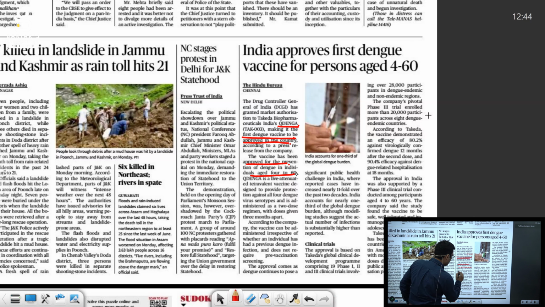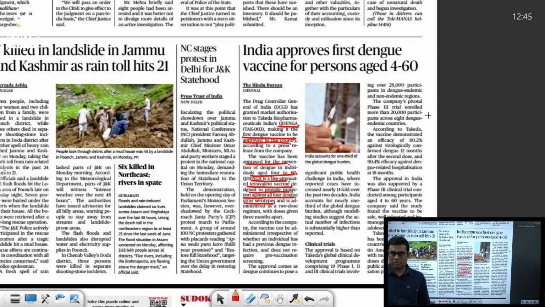QDENGA is a live attenuated tetravalent vaccine designed to provide protection against all 4 dengue virus serotypes. That's the third point. Note it down as it is. Then the next point is just after that: administered as a 2-dose regimen with doses given 3 months apart.